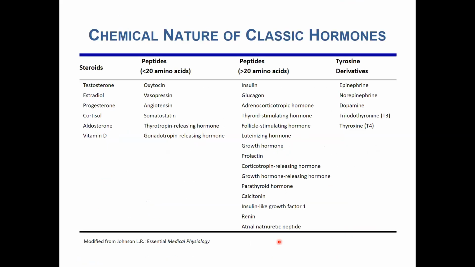In this chart, I'm showing you all the hormones that we're going to talk about in these lectures, and their different chemical natures. We have the steroid hormones: the sex hormones, the mineralocorticoids, the glucocorticoids, and vitamin D. In this graph, the peptides are divided into small peptides and large proteins.